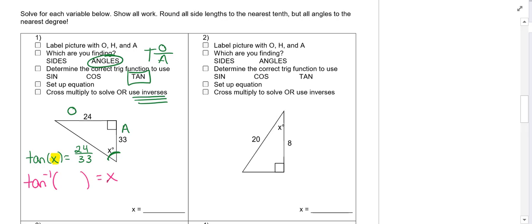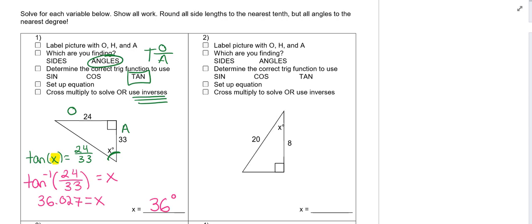Remember, my x now is free, and I'm going to take my inverse tangent of 24 over 33. And once you know that this is my operation, you go to your calculator and you type this in. You should get 36.027, big long decimal. We're again going to round it to the nearest degree. So x is equal to 36 degrees.